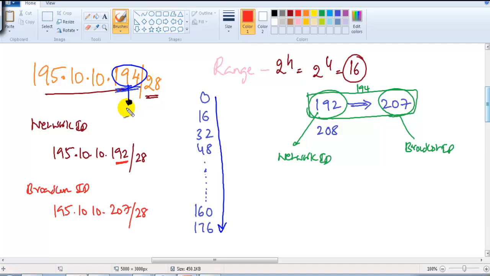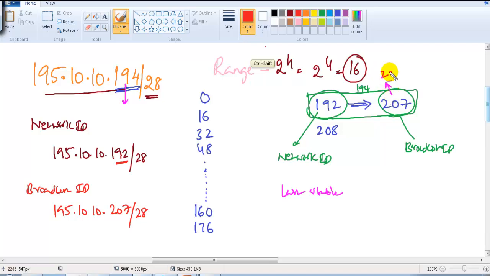Probably you may have some questions in subnetting, like, what is the last usable IP address of this range? Last usable IP means 207 I cannot use, I can use 206, so the answer will be 206.